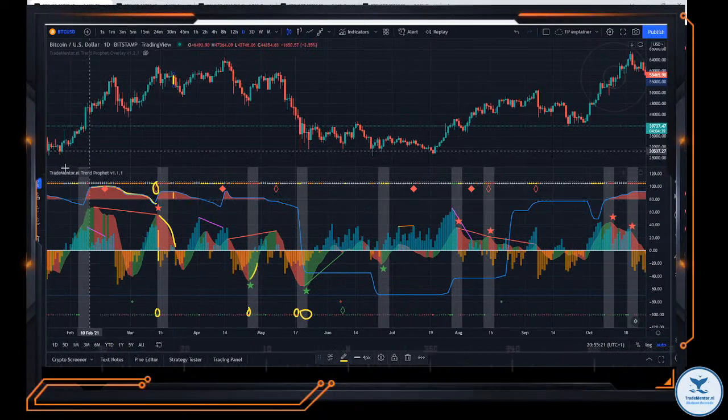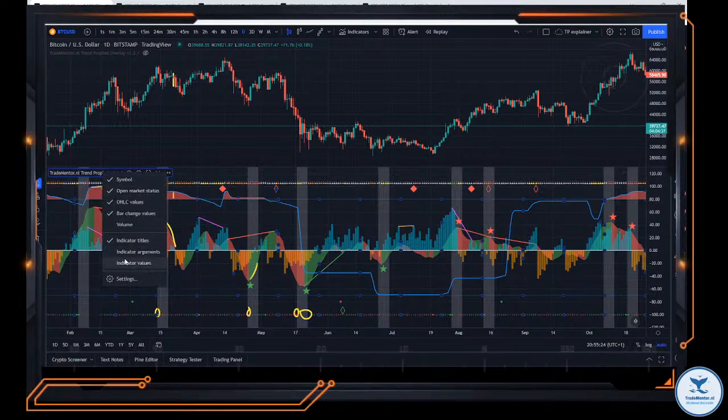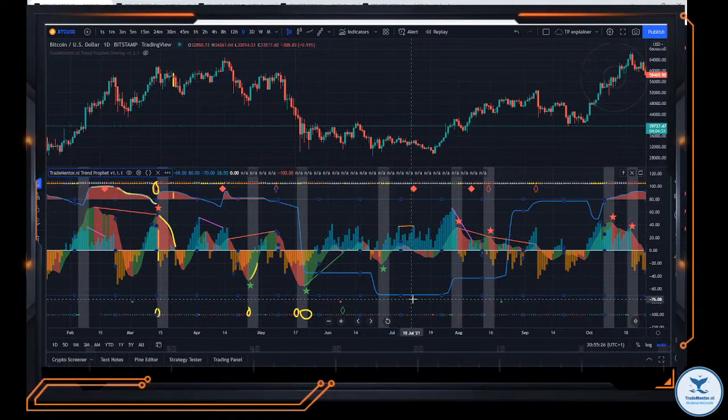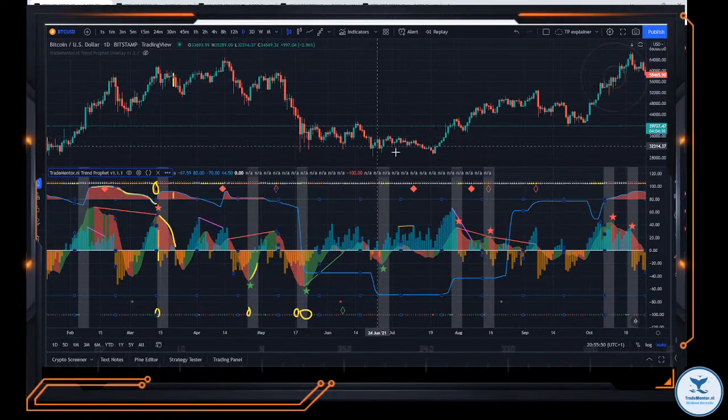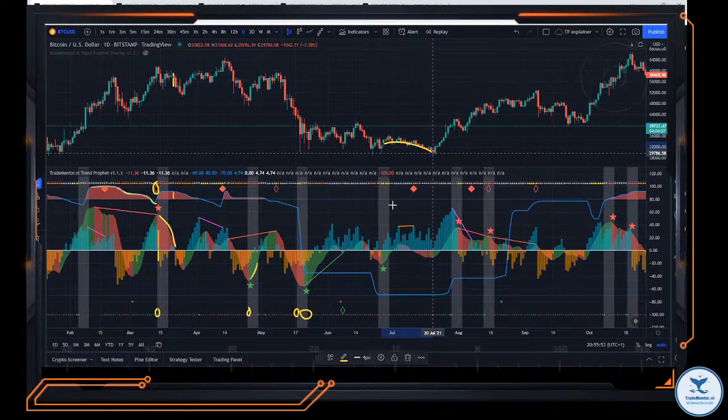Here at the bottom also, I'm just going to enable values quickly, so you can see this blue number here that says 43 now is the trend strength. So here we were on minus 69 for a long time, and here we had a very slight curve up in this period, and that's also when, even though the price was declining, the trend was still flat.